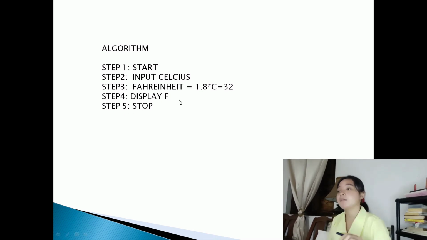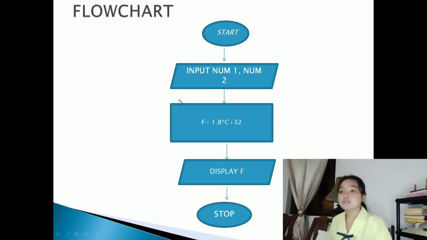And lastly is my flowchart. So start, as you can see, symbolized as the oval, then an arrow so we are able to do what is next, then a parallelogram to input the variables, then a rectangle of course to process the given data.